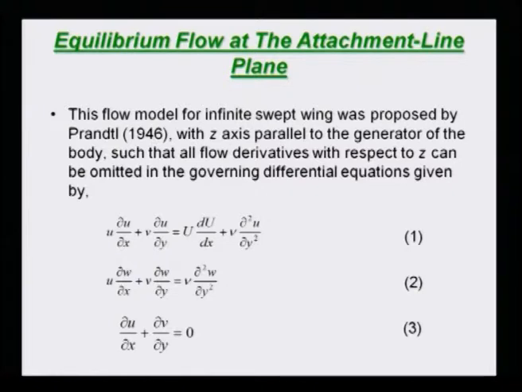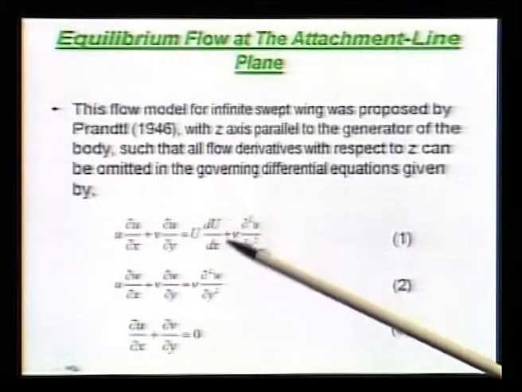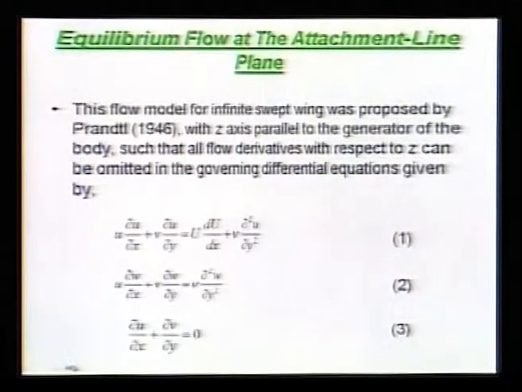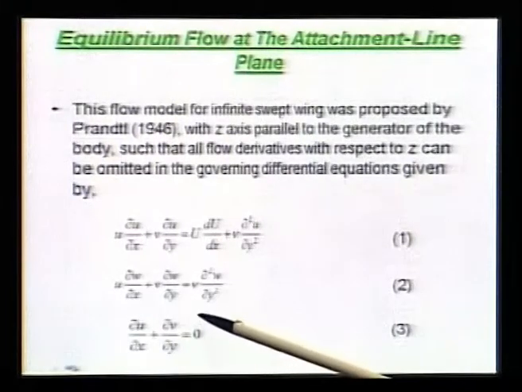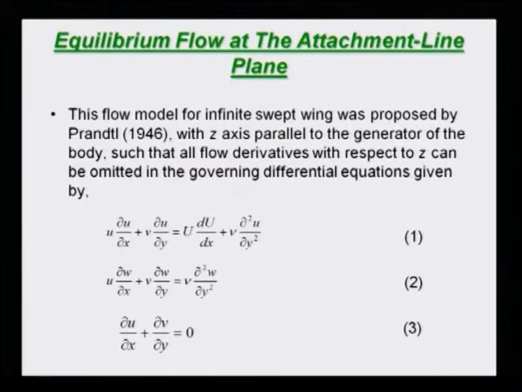So, this is okay. There is no applied pressure gradient in that direction, whatever it is there, it is in the streamwise direction, and this is your continuity, and you can very easily see that del w del z is 0 because of the infinite swept assumption, right. So, this is the equation, and now let us go ahead and try to simplify it.